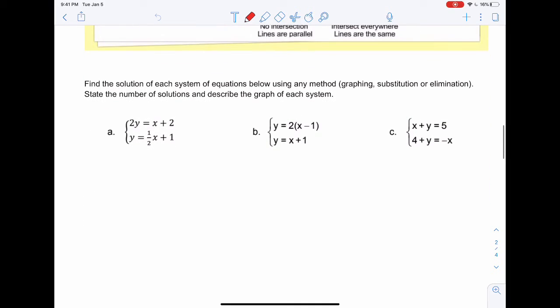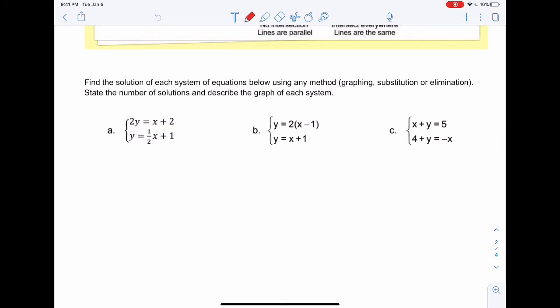Our first system is 2y is equal to x plus 2, y is equal to 1 over 2 x plus 1. I am going to use the graphing method for the first system. However, you can use either substitution or elimination. I'm going to solve 2y is equal to x plus 2 for y.